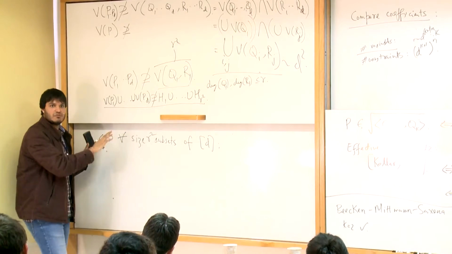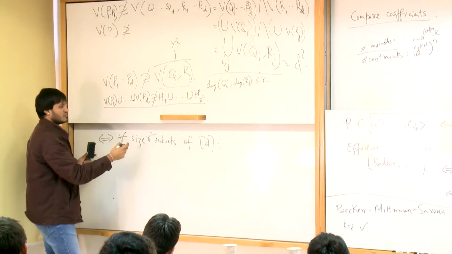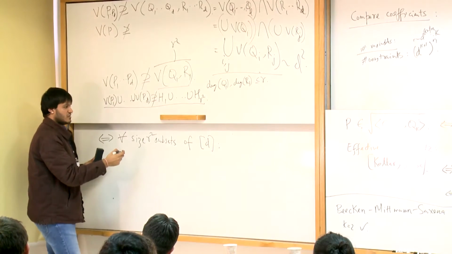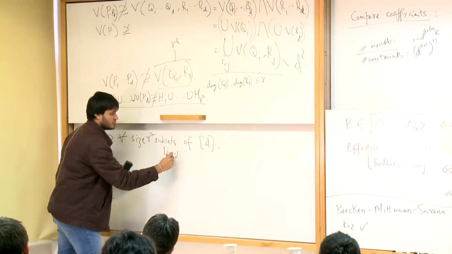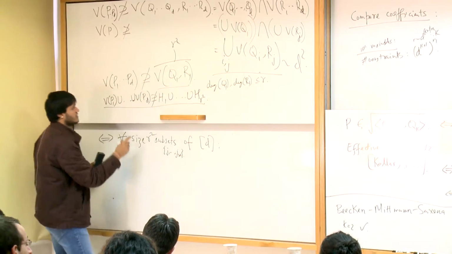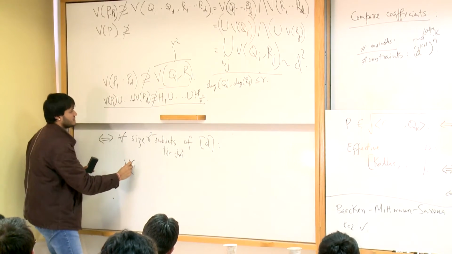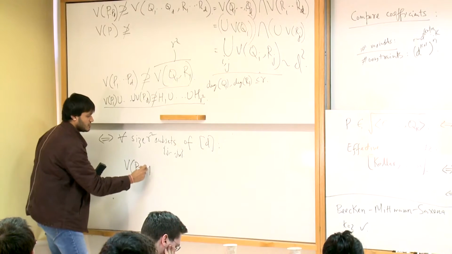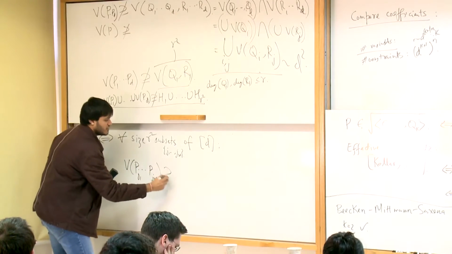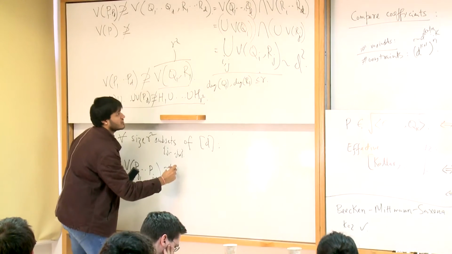This is if and only if. Subsets, let me call it J1 up to J R square, V of P J1 up to P J R square does not contain variety of.